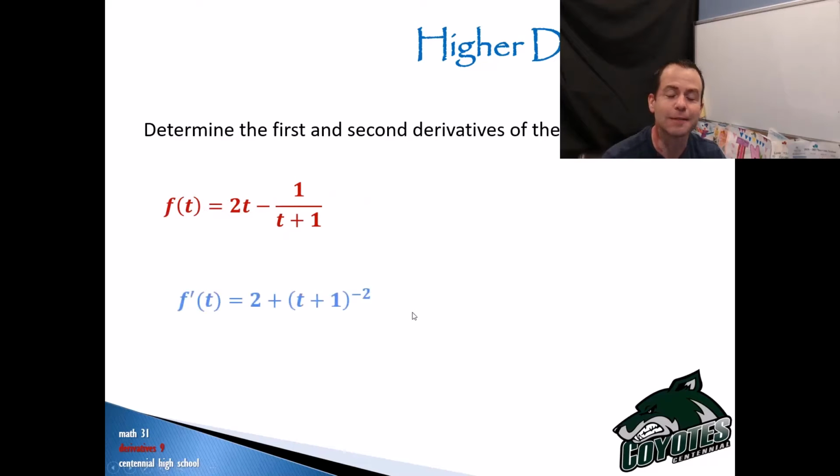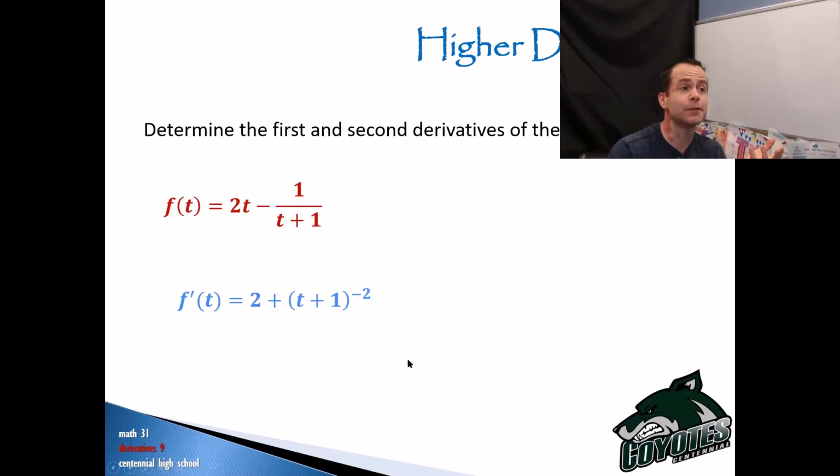So if I go to take the first derivative, I have 2 for this term. And then t plus 1 to the negative 1 would come to the front, and that's why I'm now having a positive, and it would be t plus 1 to the negative 2. Now, you would then take the derivative of the inside function, but the derivative of the inside function is just 1. T here is acting as x, it's acting as our input, so the derivative of that is 1.